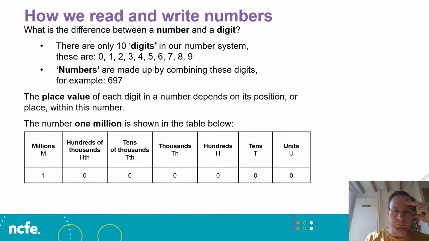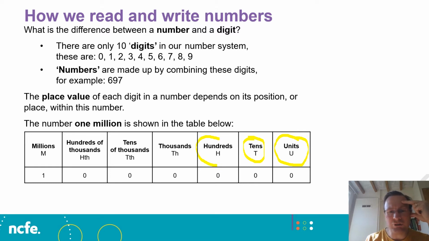Here we've got the number 1 million. We break it down into units at the very bottom, so something like 1, 2, 3, they're all units. We then have tens. When you get above 10, each number will have a ten value.